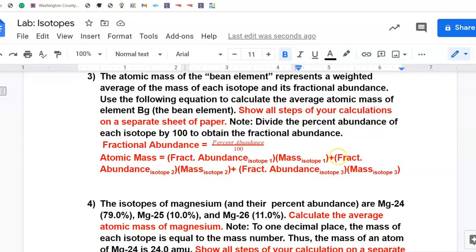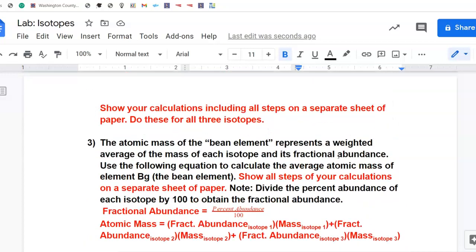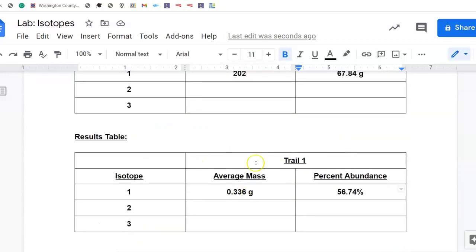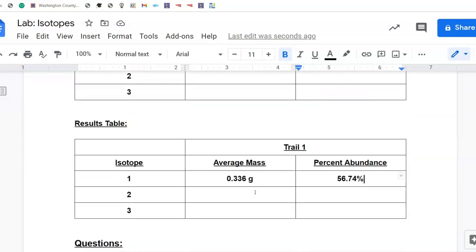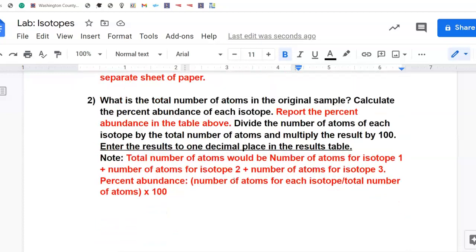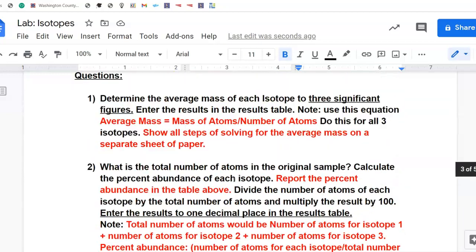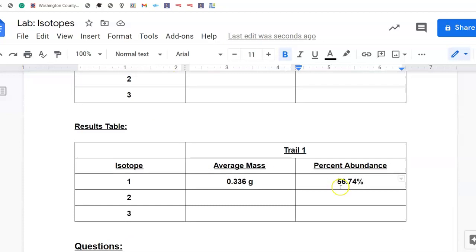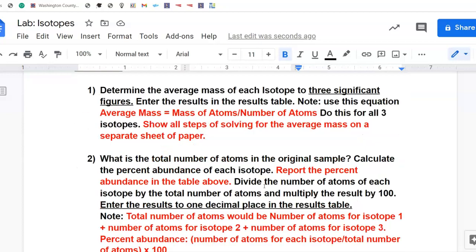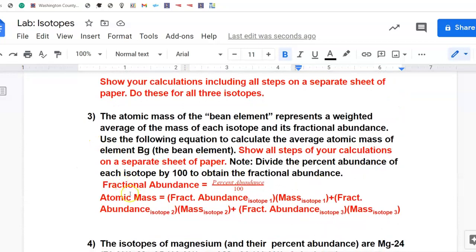Then you multiply that by the mass of the isotope, which is this average mass right here, the average mass of your isotope. For example, for the first one, you would have 0.5674 times 0.336 grams. You're going to be using this results table to calculate your average atomic mass.